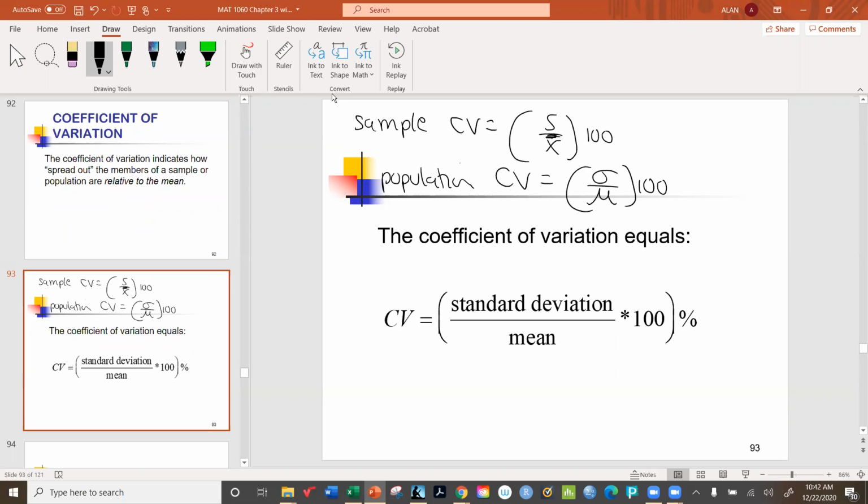Now, for certain applications, this is actually a better choice than either the mean or the standard deviation by itself, and I'm going to show you one in a minute. Okay, so this is how this thing is defined. So what we're going to do is apply this to stocks. With a stock, the point of owning a share is that you want the returns to be as high as possible, but you also want to minimize your risk.